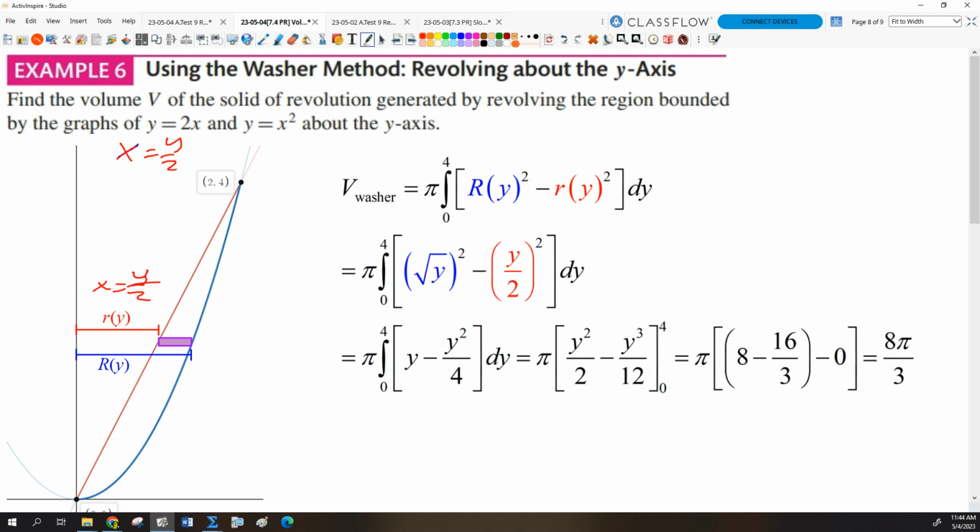Y over 2. What about the outer radius? Well, if I solve for x here, I'm going to get x equals plus or minus the square root of y, but we've got positive the square root of y, don't we? Right? That's going to be the one that's above the y-axis, meaning to the right of it, okay?